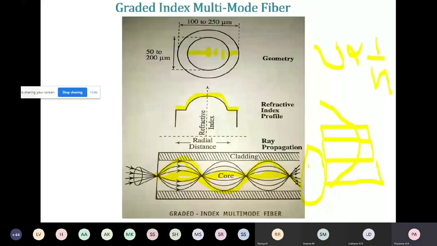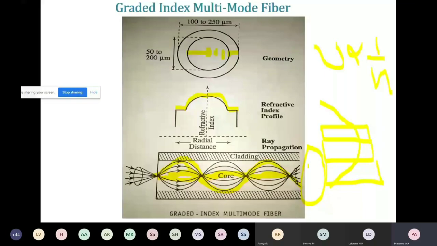Step index multimode cannot be used for both long distance and medium distance communications because of very high intermodal dispersion. But graded index multimode optical fiber has reduced intermodal dispersion, hence it is considered for short distance communications, like between two cities within a state, like between Bangalore and Hassan, Channarayapatna and Hassan, Hassan and Sakleshpur.